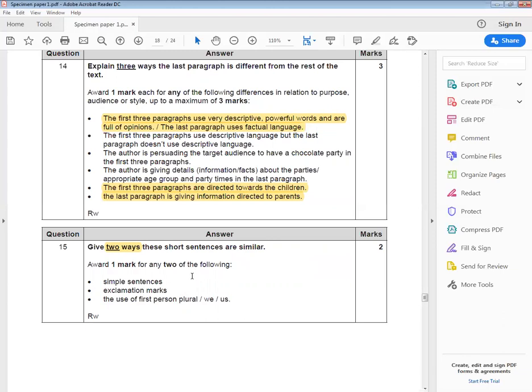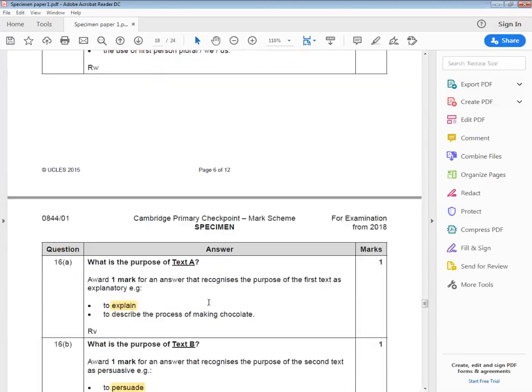For example, the tense or the type of the sentence. Here, they are both simple sentences. Both of them use exclamation marks, or both of them use first person plural. Remember, it can be other things as well. It can be, for example, a passive or active voice. It's important that you look at this question from a grammatical point of view.